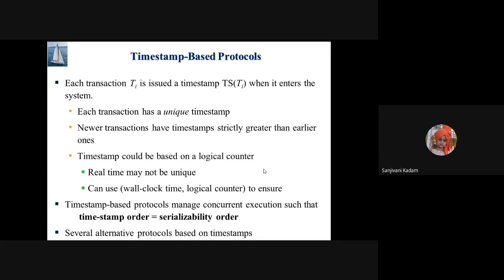Each transaction Ti is issued a timestamp TS(Ti) when it enters into the system. So whenever a transaction enters the system, this value is assigned to that transaction, and every transaction has a unique timestamp value.